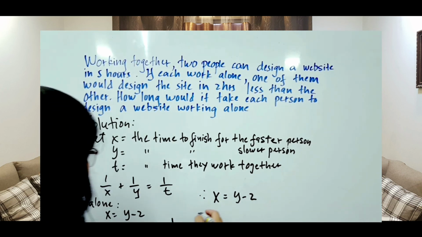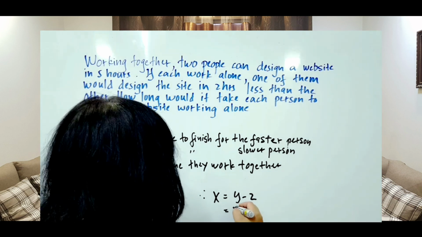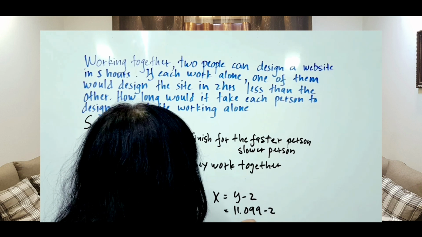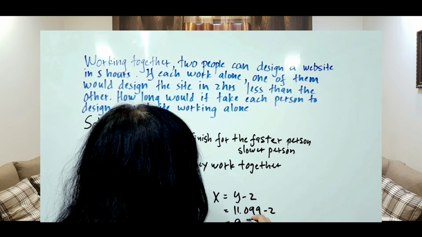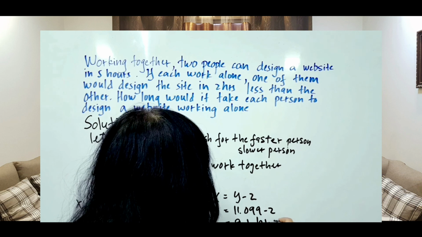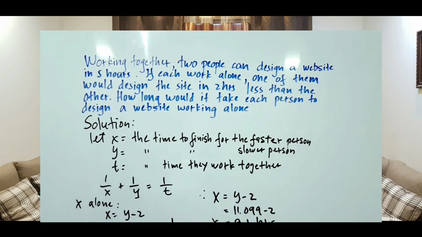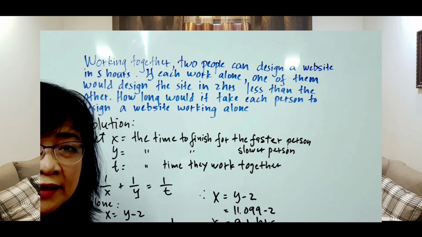Therefore, 11.099 minus 2 is equal to 9.1 hours. So, for the faster person, the time is 9.1 hours. And for the slower person, the time is 11.099 hours.